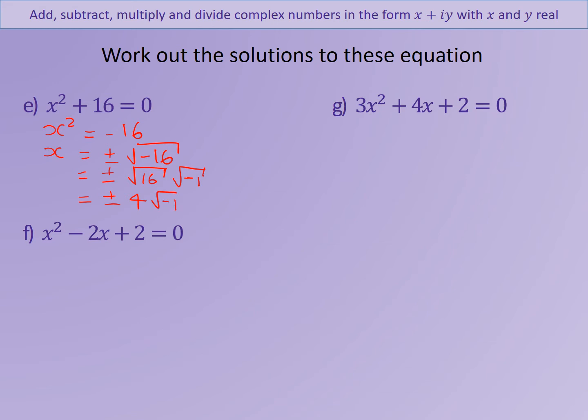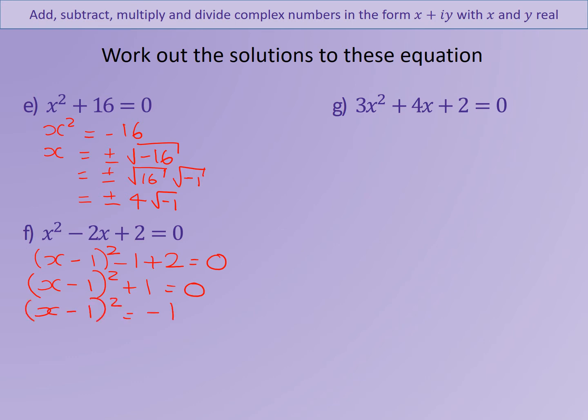Now for part F, I'm going to have a go with completing the square here. So we've got x minus 1 all squared minus 1 plus the 2 equals 0. If I simplify that, that gives me plus 1. And then take that across to the other side, gives me the minus 1.